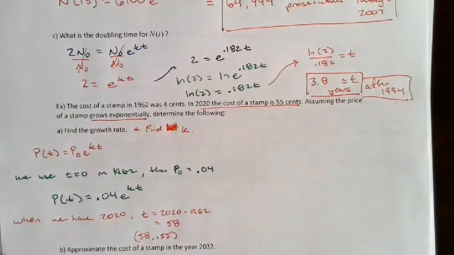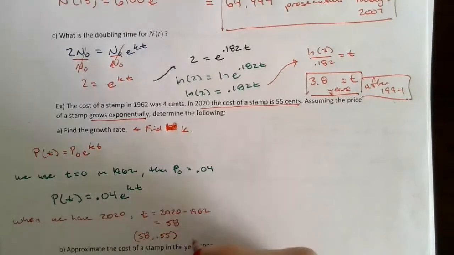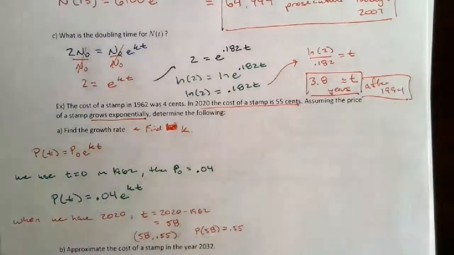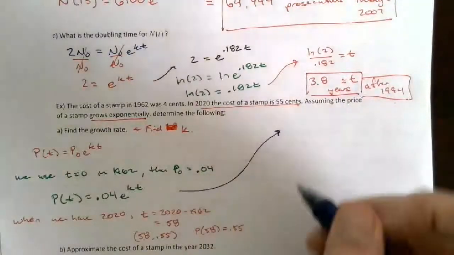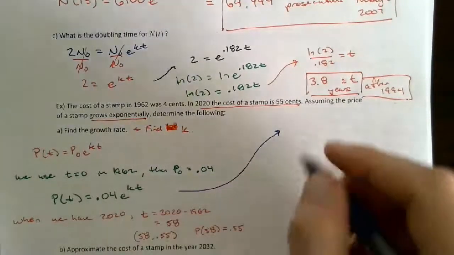So it's actually giving you a point that you can sub in. We're going to use this as the t value and the corresponding P of t value, the y value. In other words, P of 58 equals 0.55. And that means my formula becomes this. To solve this for k, I need this other point to sub in.